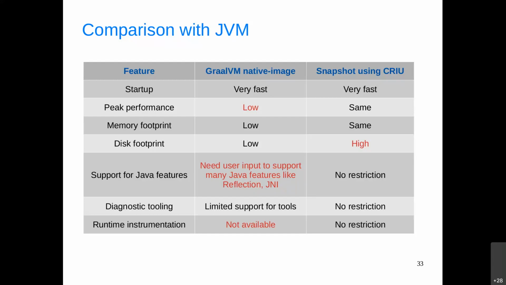In such cases, the GraalVM native image needs support from the user in terms of configuration files to let it know the exact classes and methods that can get executed when these features are used.